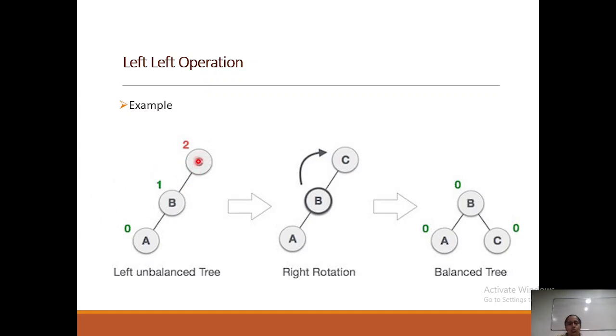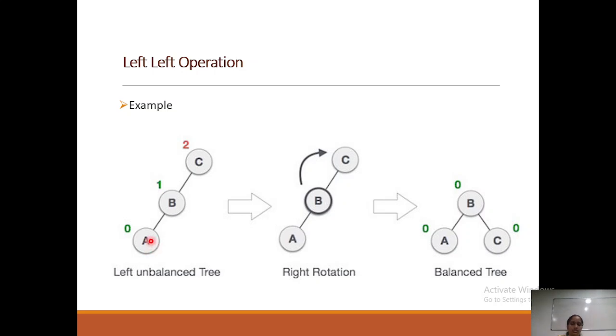Here node A is introduced in the left subtree of node C. So node C has a left child B, and B again has a left subtree A, which is the new node to be introduced.